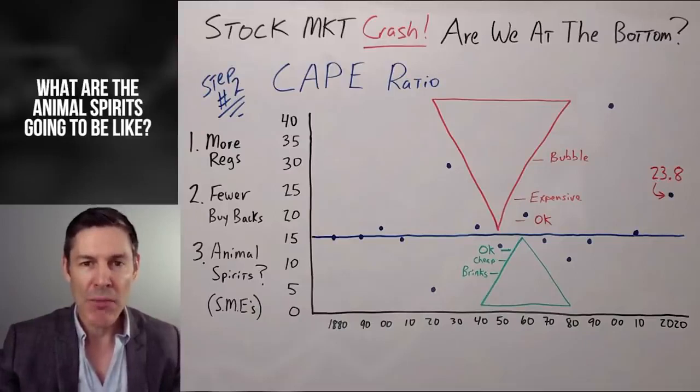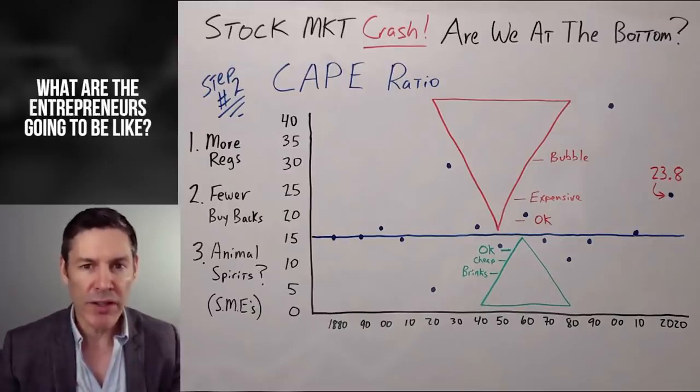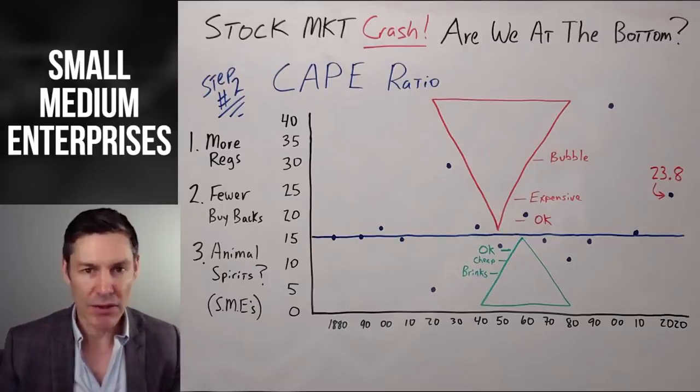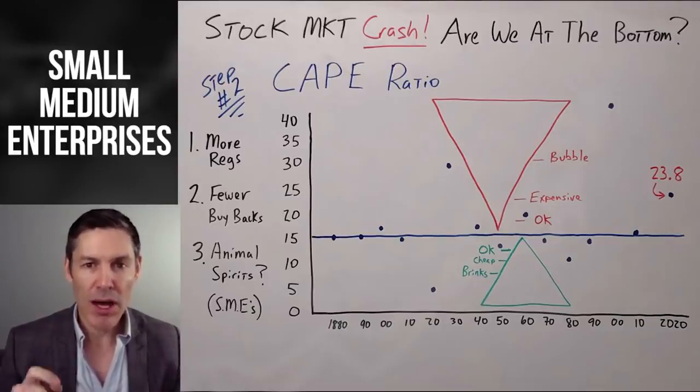And what I mean by animal spirits, it's just an economic term for entrepreneurs wanting to go out and actually take risk by starting a business. It's the SMEs that drive this economy, the small and mid-size enterprises.